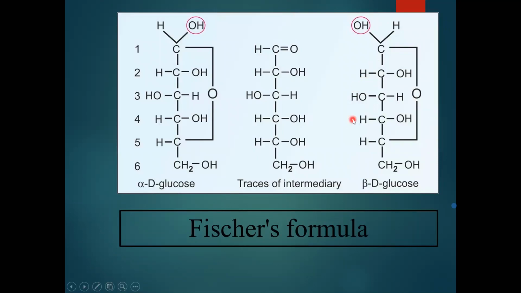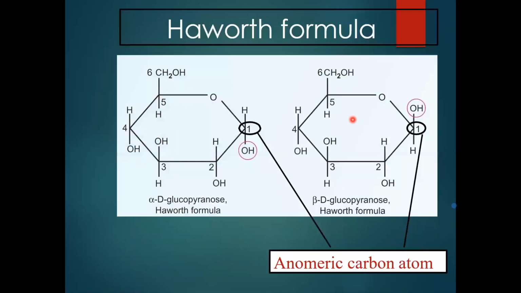We know that the beta D form of glucose is more stable than the alpha form. This is the anomeric carbon atom. This is the alpha D glucopyranose, and this is the beta D glucopyranose.